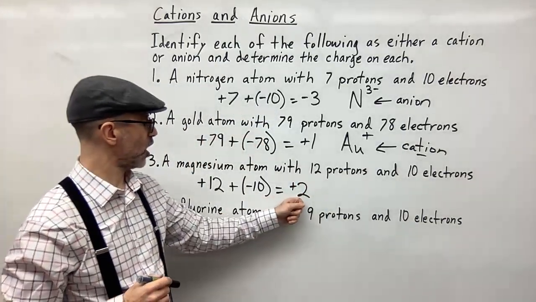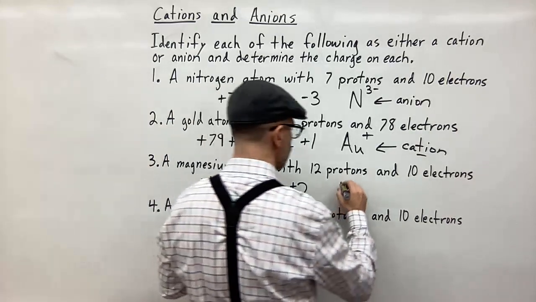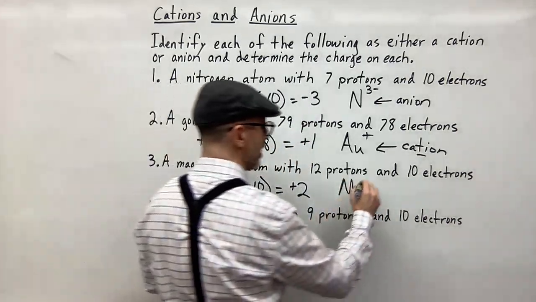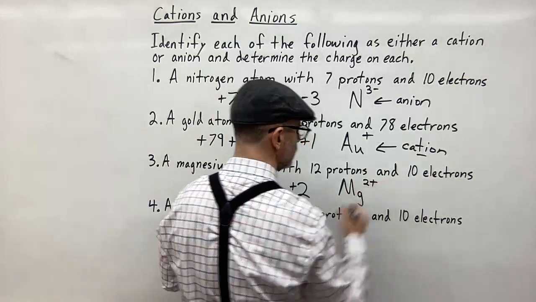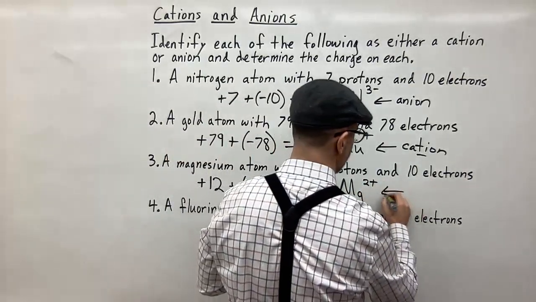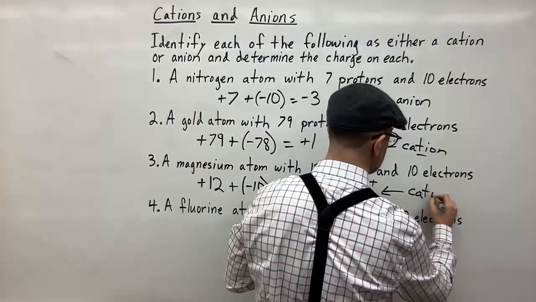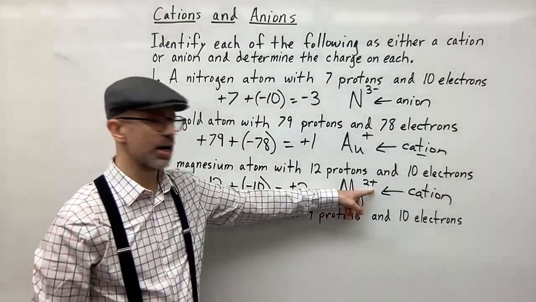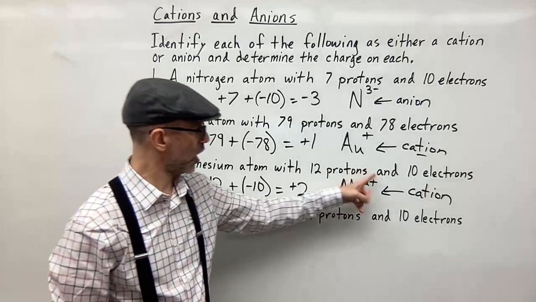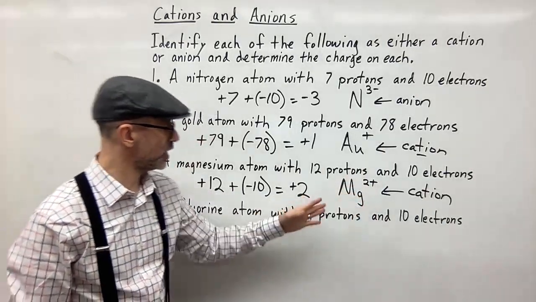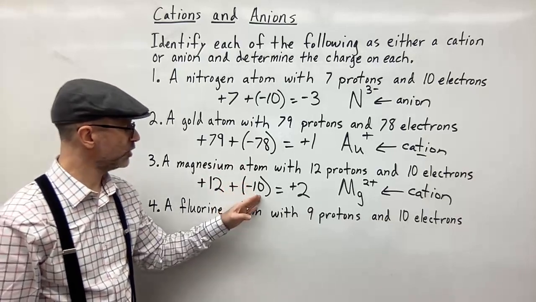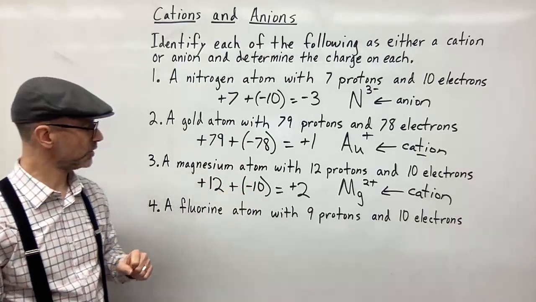This is the charge on our magnesium. The magnesium symbol is Mg, and we add a 2 plus to that. Again, this is going to be a cation because it's got a positive charge. The charge is 2 plus because we have 2 more positive protons compared to negative electrons.